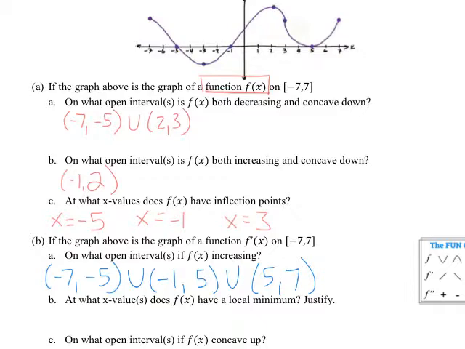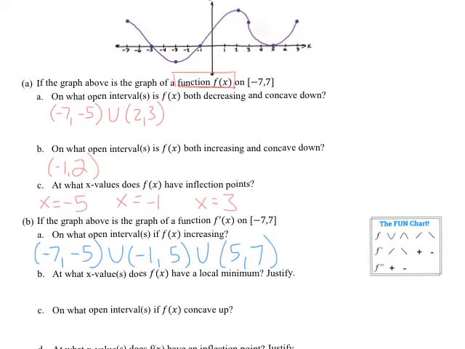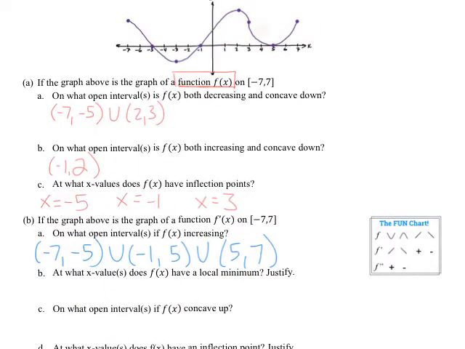At what x values does f of x have a local minima? Well, the local minima for that will occur when f prime changes sign. So f prime changes from positive to negative, and that would be a maximum there because we're going increasing to decreasing. And then we have another sign change right there. We're going decreasing to increasing. So we have a local minima at that point.